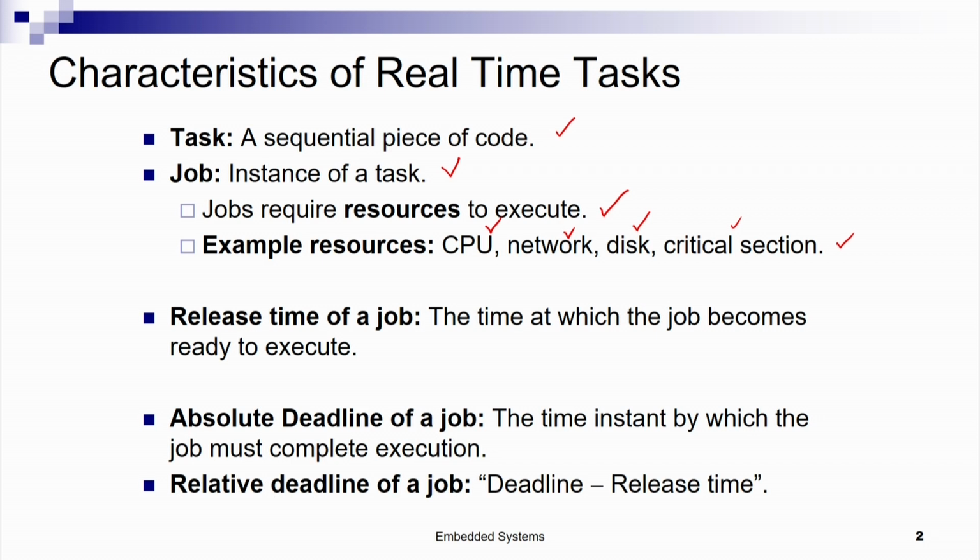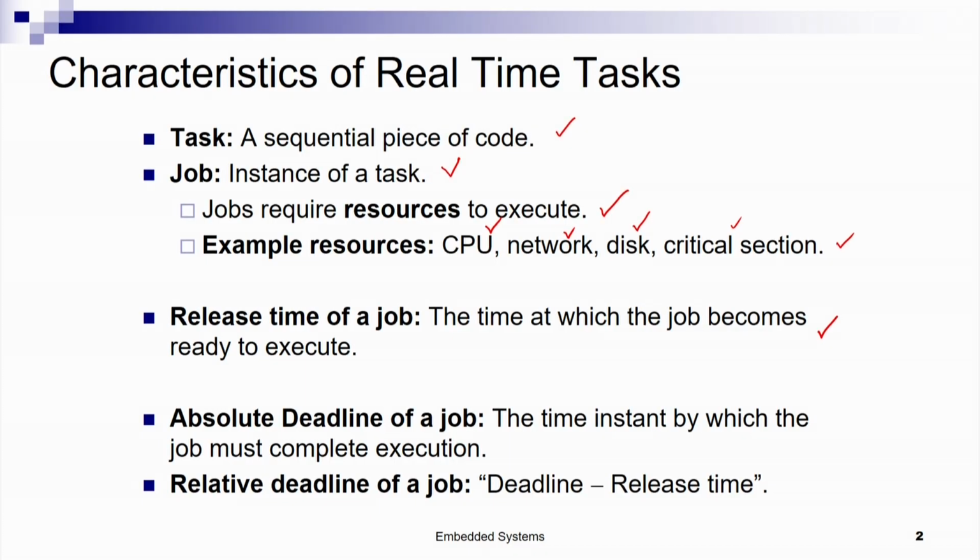The release time of a job is the time at which the job becomes ready to execute. So, in the case of a periodic task that we saw in the introductory lecture, the job is released every time period t. So, if it starts at 0, then 0 is the release time of the first job, 0 plus t is the release time of the second job, 0 plus 2t is the release time of the third job in the case of that periodic task.